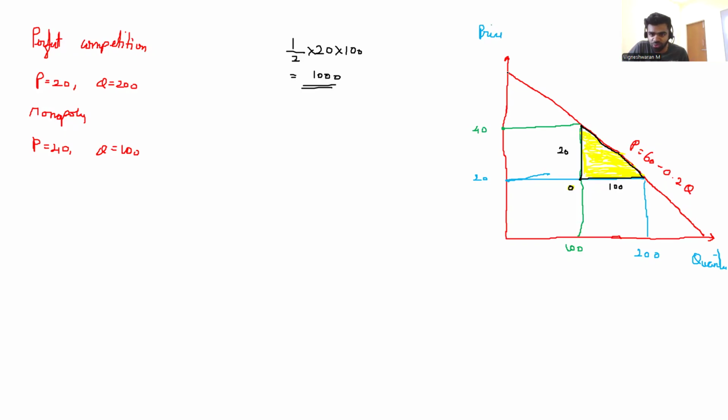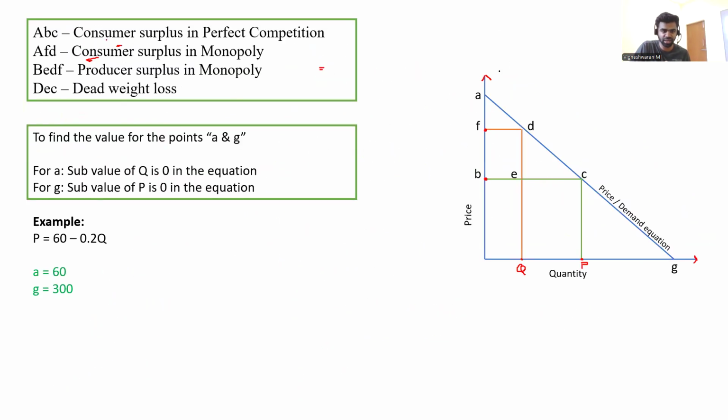For that, you have to find the value of this point and this point. How to find this value? I should have explained that at the beginning itself: how to find the value of the points A and G. So we have the equation.